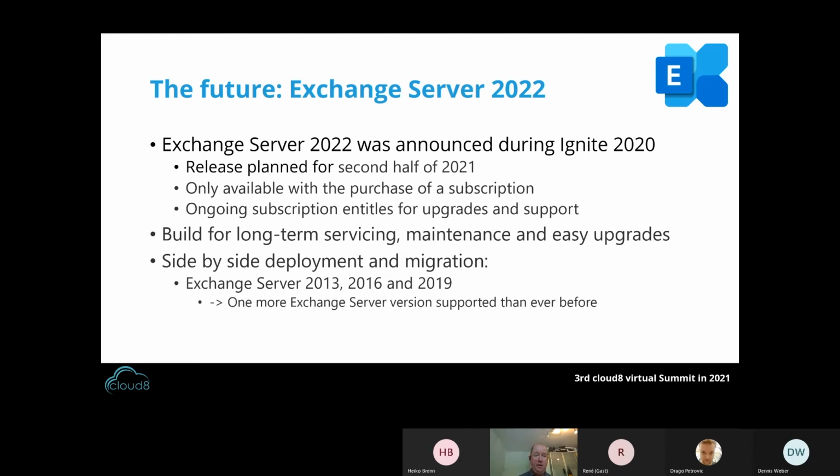So one big thing that will be supported is the side-by-side deployment for not only N-2 but N-3. So Exchange Server 2022 can run together with Exchange 2013, 2016, and 2019 servers. That is one more Exchange Server version supported than ever before.